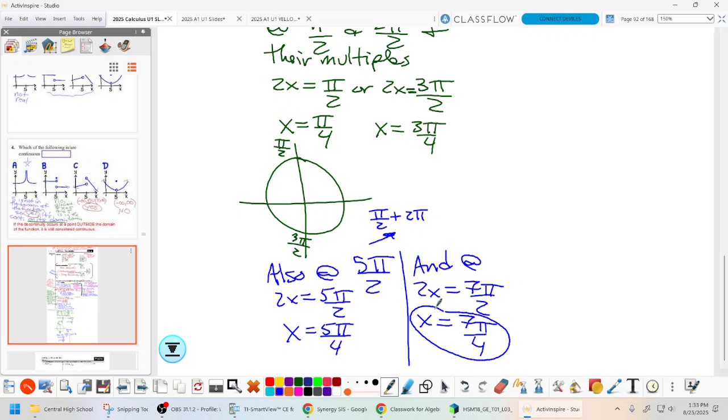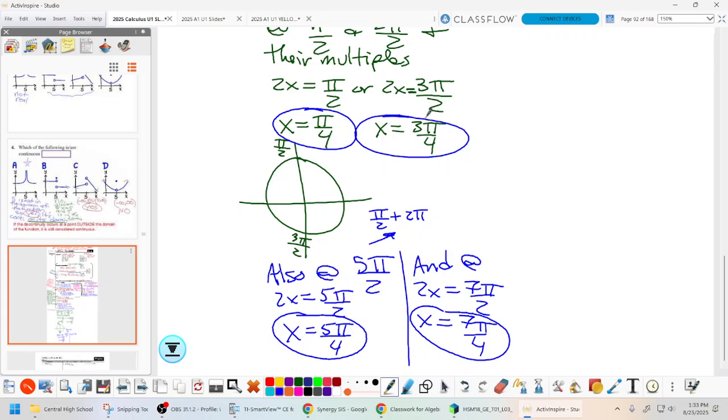And then after that, do you see how we're going to hit 2 pi? We're going to swing back around and be outside of our interval. So between 0 and 2 pi, we have 4 places where it has a vertical asymptote. Cool, right? Cool, but frustrating because you have to account for all of those.